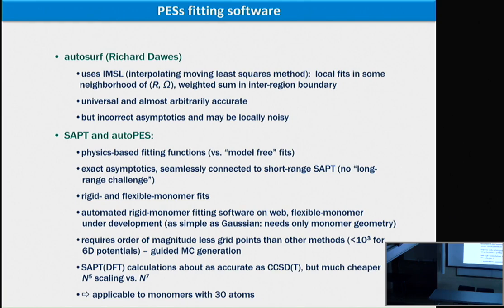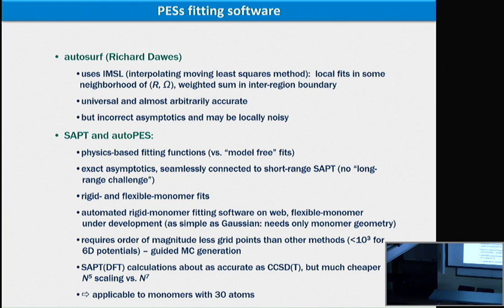It can be made almost arbitrarily accurate at no particularly high cost. So whatever accuracy you want, you get it. But it has incorrect asymptotics. That's one problem. And the other problem is that it's locally noisy. This interpolating moving scheme is great, but it is noisy on a small scale, but it is. And in spectroscopy, it sometimes matters.